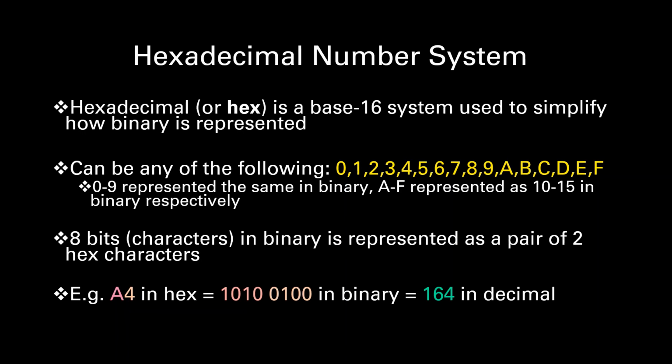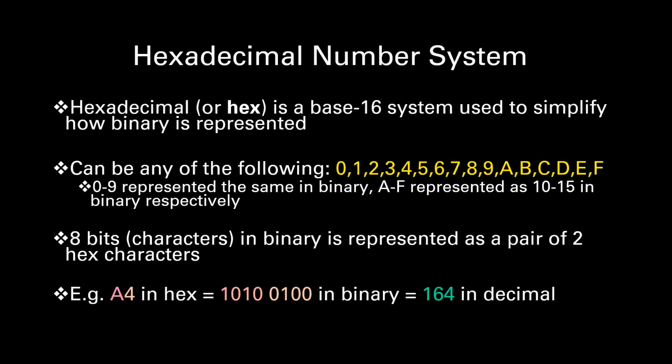Once you've done it for the first character, you take the second character, which in our case is 4, which has a value of 4, and you convert that into binary, which is 0100. So now you have two separate 4-bit binary strings, one for A, which has a value of 10, and one for 4, which has a value of 4.